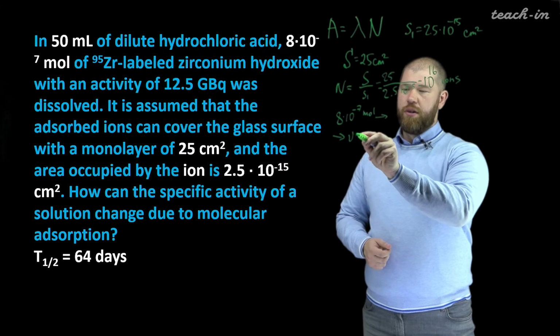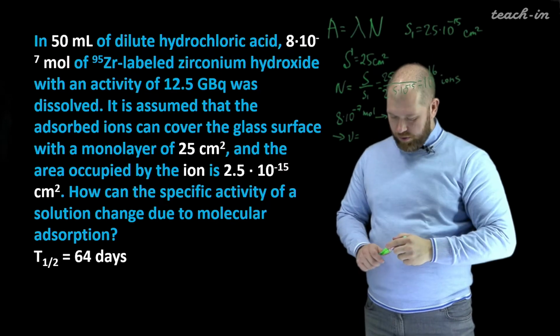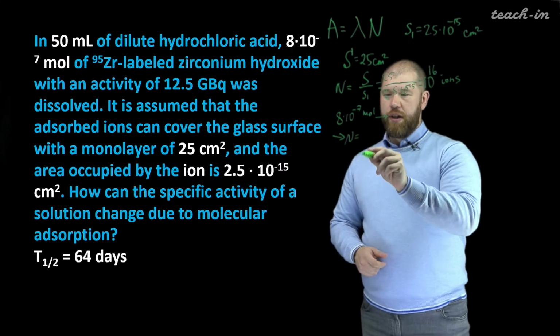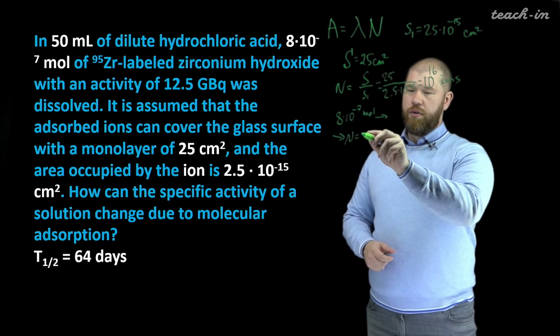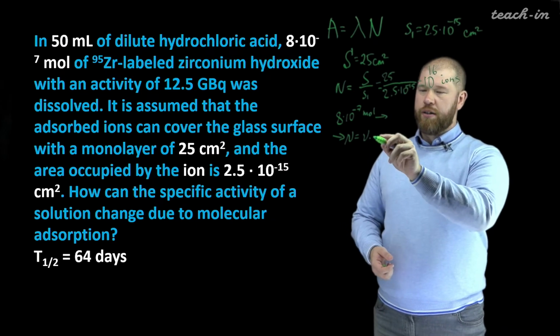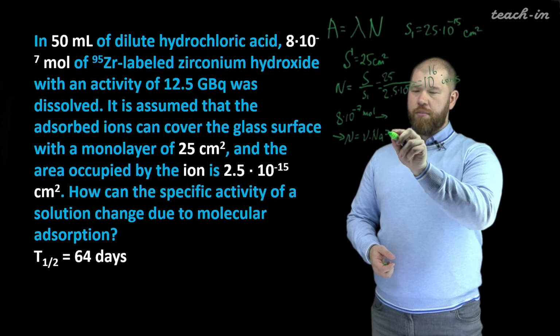Sorry, it will be simply N, the amount of the ions multiplied by Avogadro number.